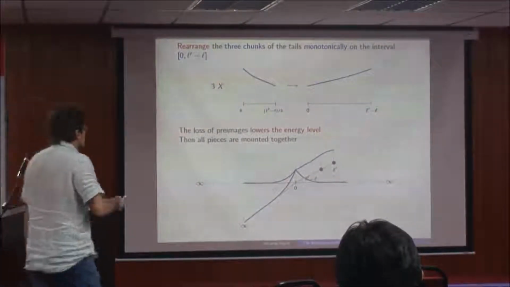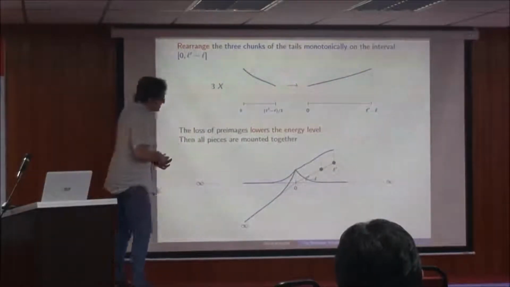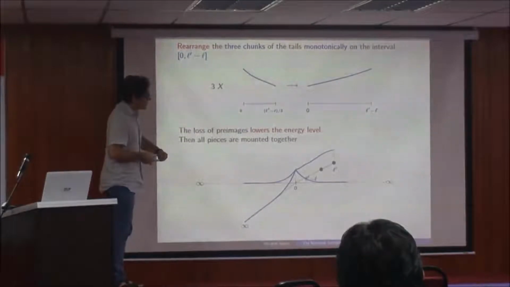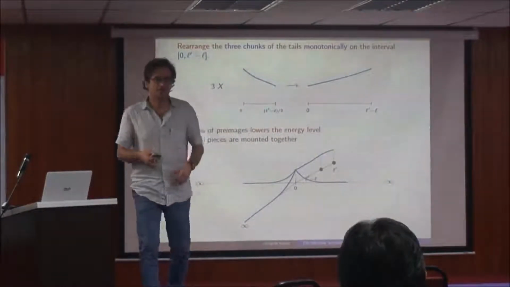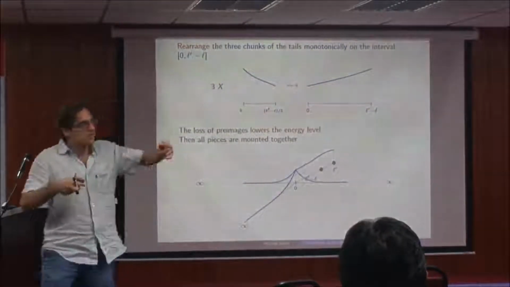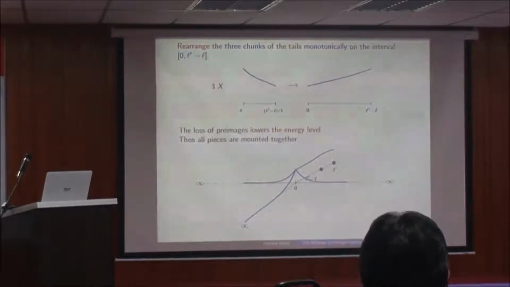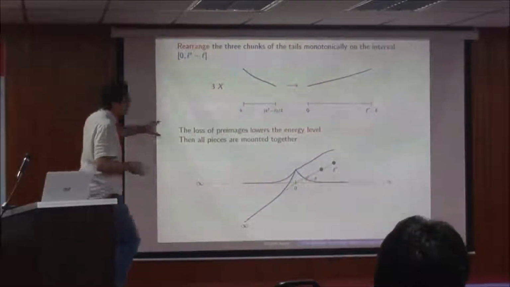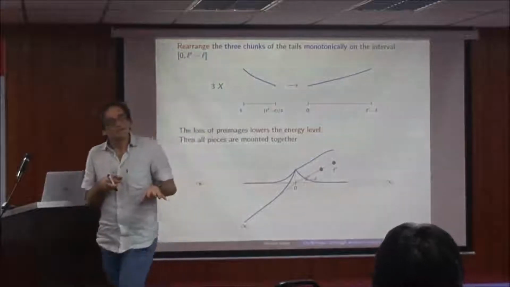So what one can prove by this simple application of rearrangements is that if for some L there is a ground state, then for any larger L there is a ground state too. So there can be only one transition from non-existence. So this is the first example of the influence of metrics.